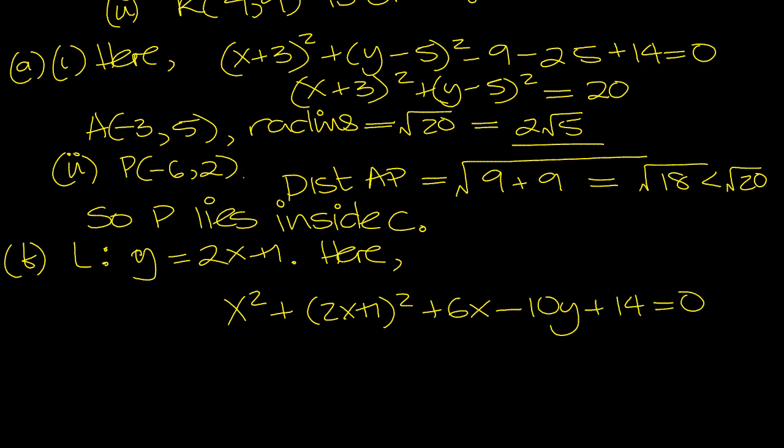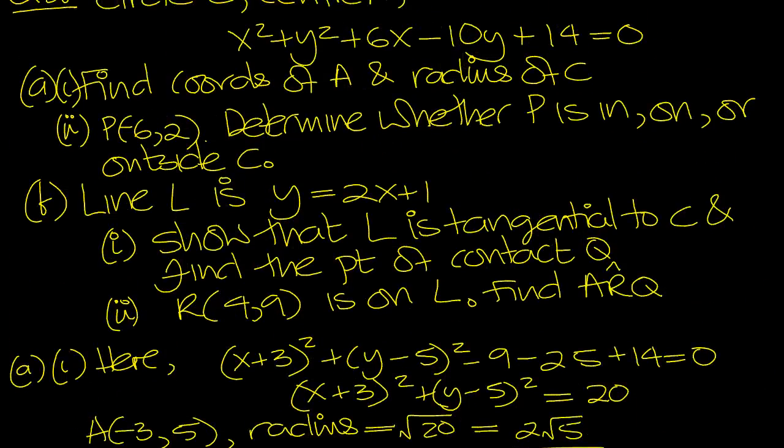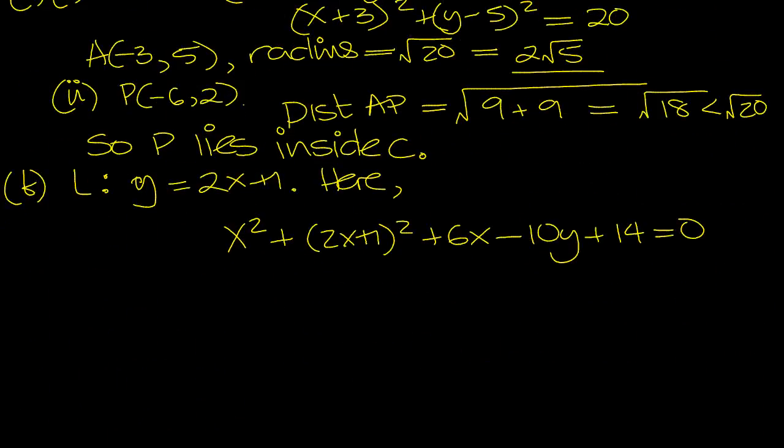Now we need to replace the y. Let's just check I've written it down correctly. Yeah, 6x minus 10y plus 14. The y needs to be replaced by 2x plus 1, plus 14 equals 0. Let's see what we get then.